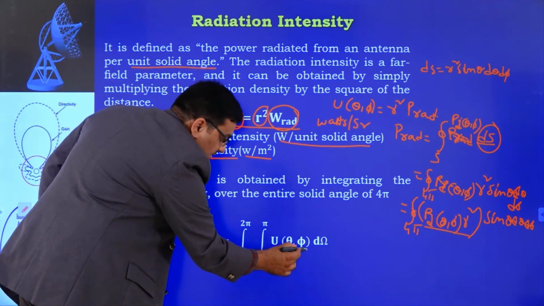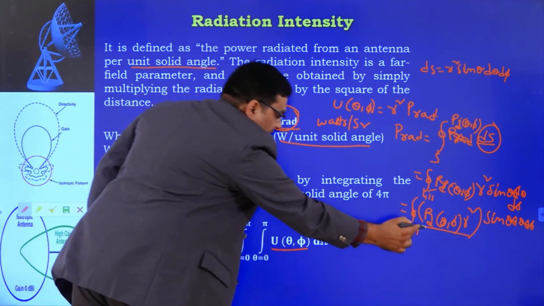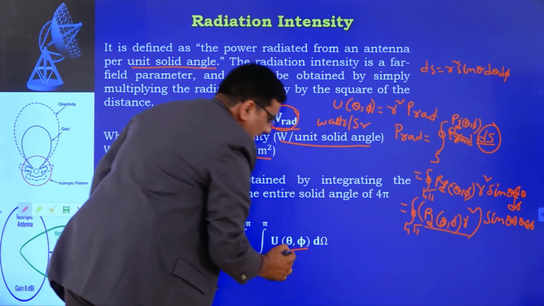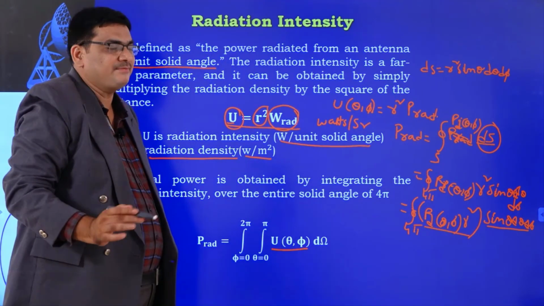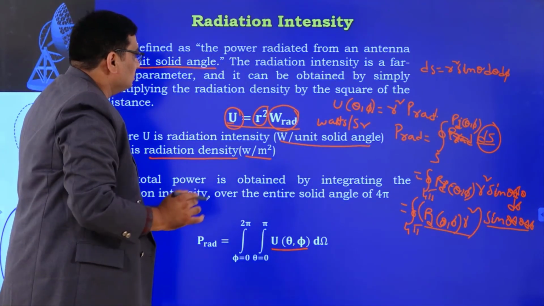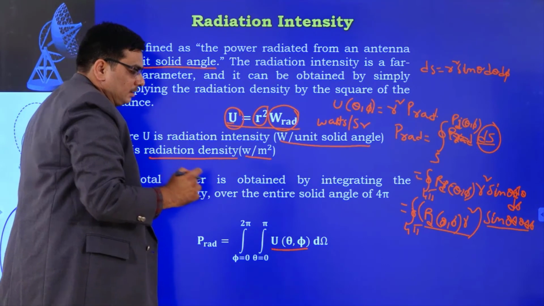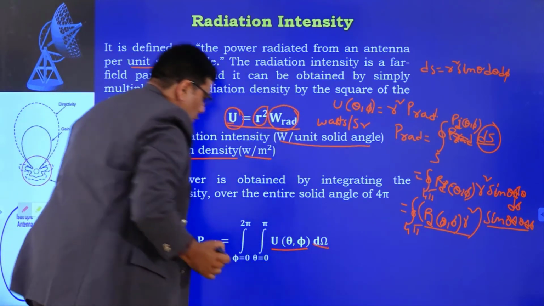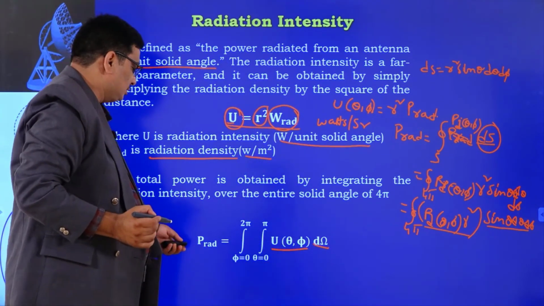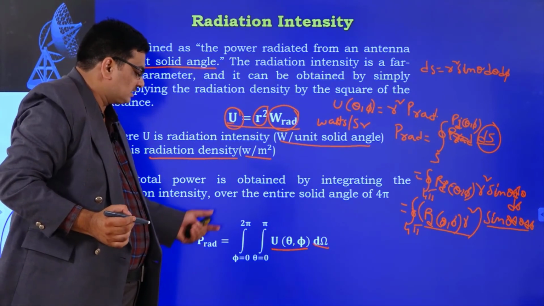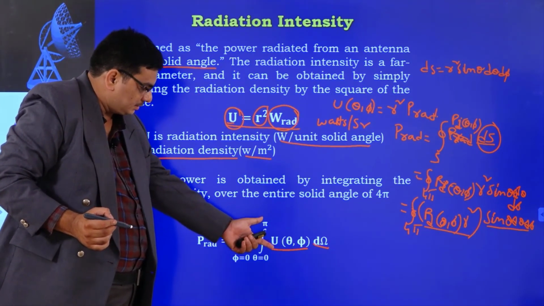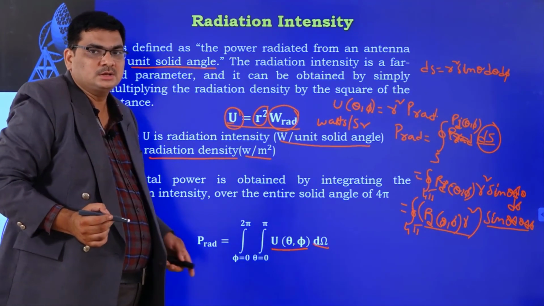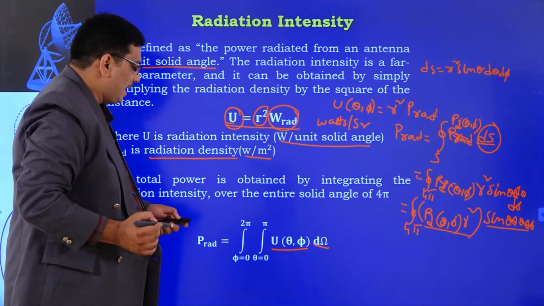So the radiation intensity is equal to PD of theta comma phi into r square, and sin theta d theta d phi is the small solid angle, d omega. So your total radiated power P rad is equal to the surface integral of the radiation intensity over the unit solid angle.